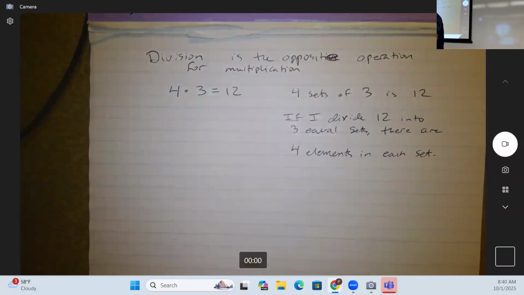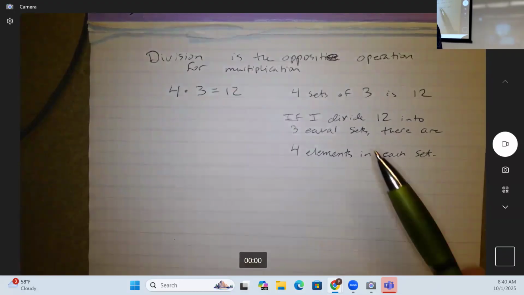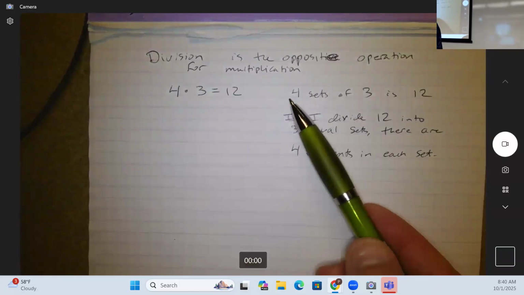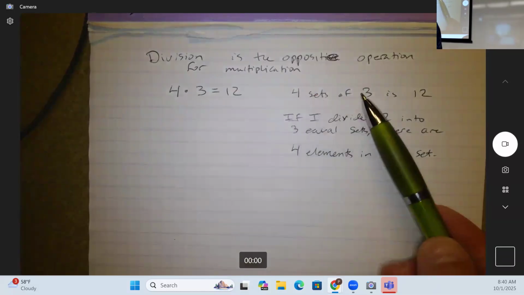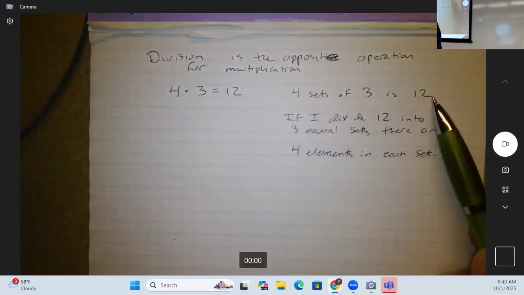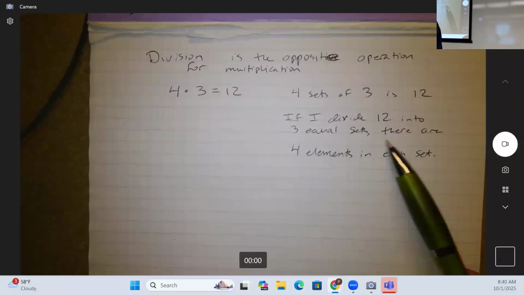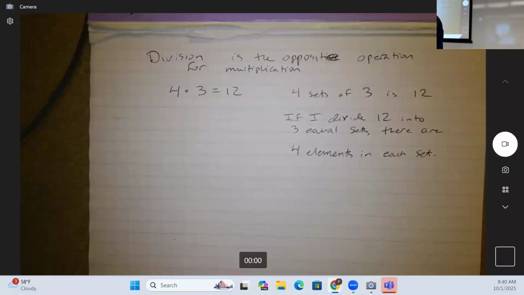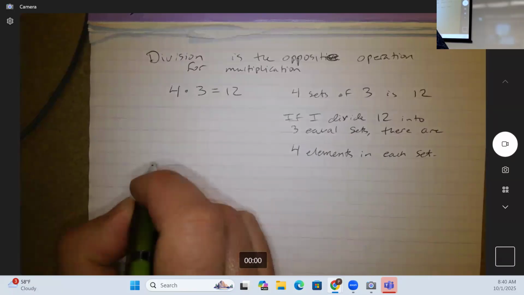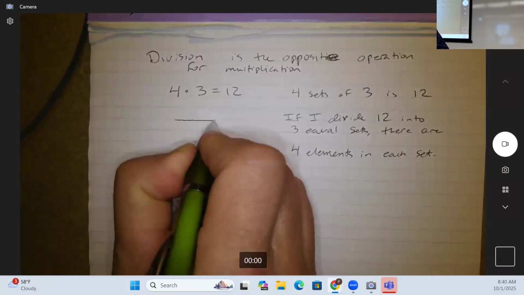Multiplication and division are really 2 sides of the same coin, because I can say a verbal multiplication: 4 sets of 3 is 12. It's the exact same information as saying, if I divide 12 into 3 equal sets, there are 4 elements in each set. One of those takes a lot fewer words than the other, but they mean the same thing. Let me show you the picture.